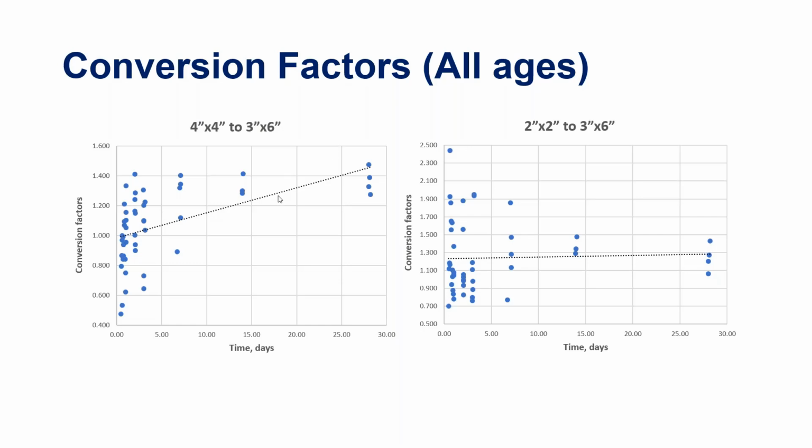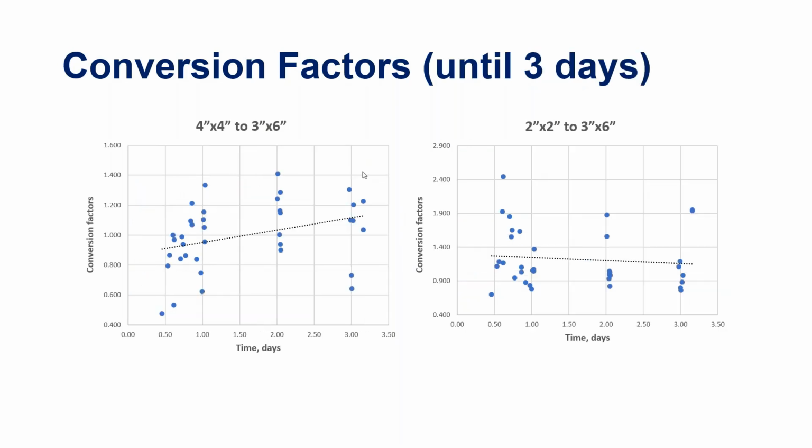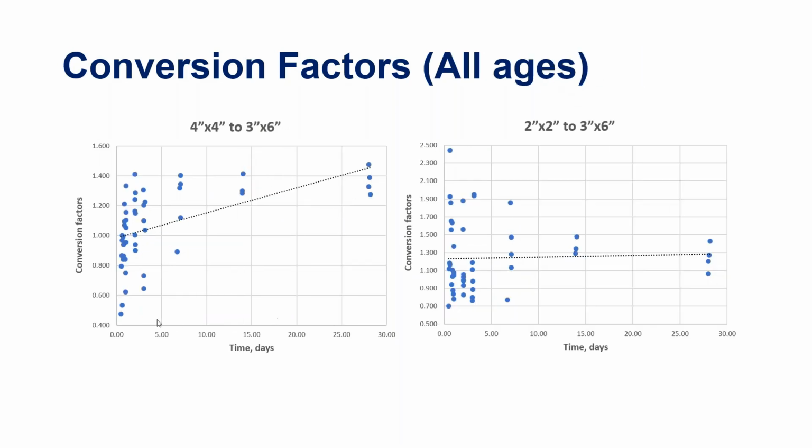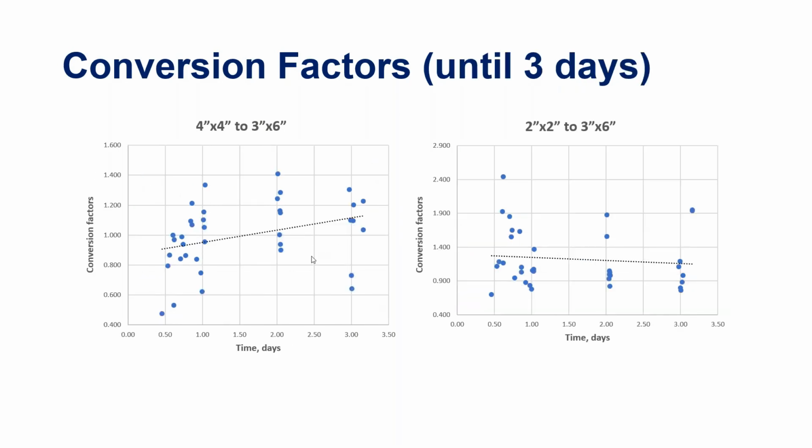We couldn't really capture a robust trend for the convergence factor for the 4 by 4 or the 2 by 2. And this is, again, throughout the 28-day range. And here, if we zoom in just in the first 3 days, if we want to provide some convergence factors, at least for the early characterization for quality control purposes, we still don't feel confident that we can provide reliable factors.